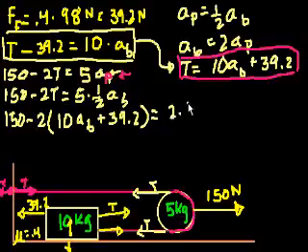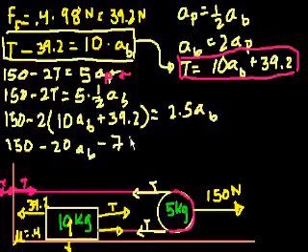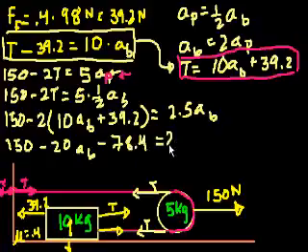It's 2.5 acceleration of the block. So we have 150 minus 20 times acceleration of the block minus 78.4 is equal to 2.5 times the acceleration of the block.